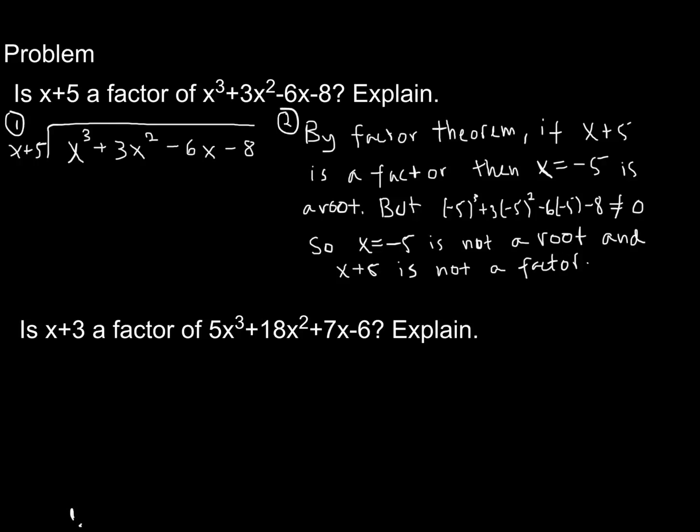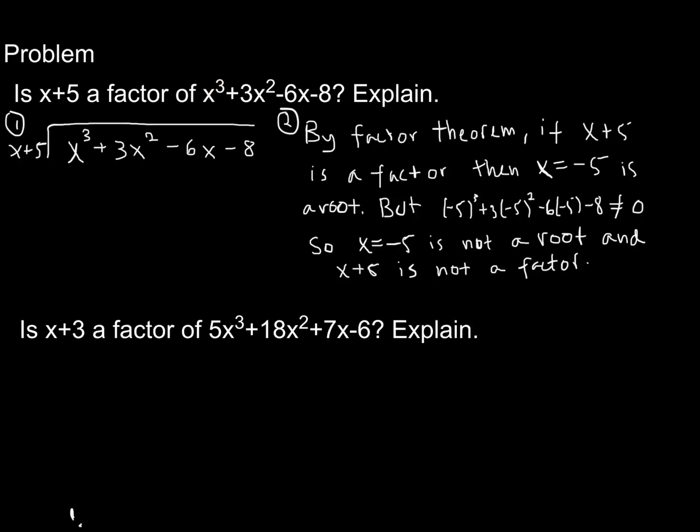We could use the remainder theorem. So if you're going through and you're doing this division, and you're saying to yourself, well, I actually just want to know if when I divide this, there will be a remainder or not. How could I find whether there will be a remainder? Remember, the remainder theorem says that if you're dividing a polynomial by x minus some number, and in this case you're doing x minus negative 5, then when you plug that negative 5 into your function, whatever you get will be the remainder.